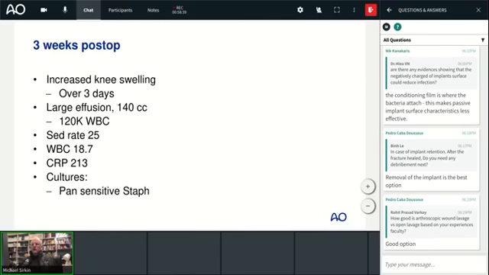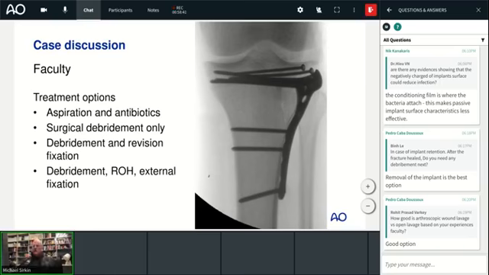So we can talk about this again if anyone has anything more or different to add. It's pretty much the same presentation in a younger patient with an adequate reduction.